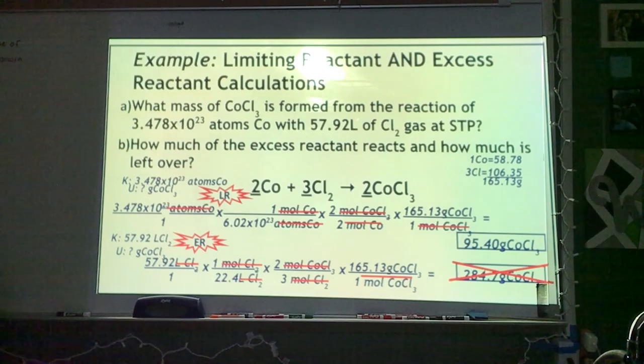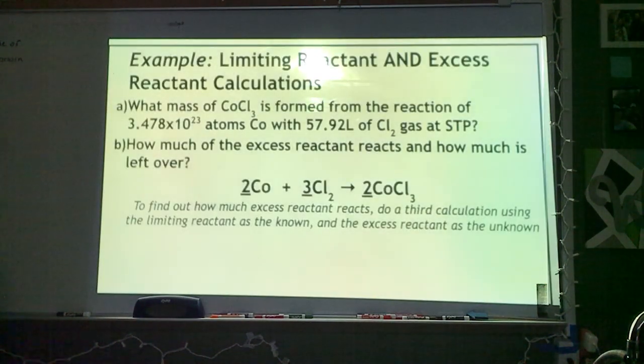And now we get to figure out how much of the excess reactant did actually get used in the reaction and how much is left over. Okay, to find how much excess reactant there is or is reacted, we have to do a third calculation to figure out the limiting reactant as the known and the excess as the unknown. So like we talked about before, our cobalt is our limiting reactant, our chlorine is our excess reactant.